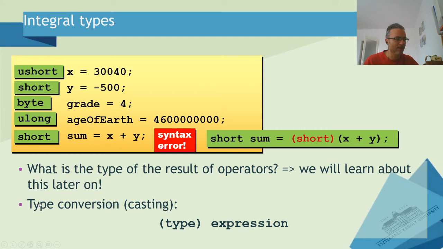This is what we call type conversion or typecasting in English. You can use any type in front of expressions between parentheses. This is a quick fix if you face a similar problem during your exercise classes. Most of the time this works, not always, but most of the time.